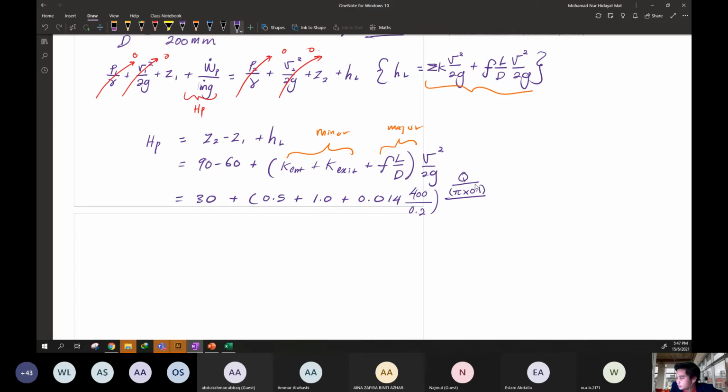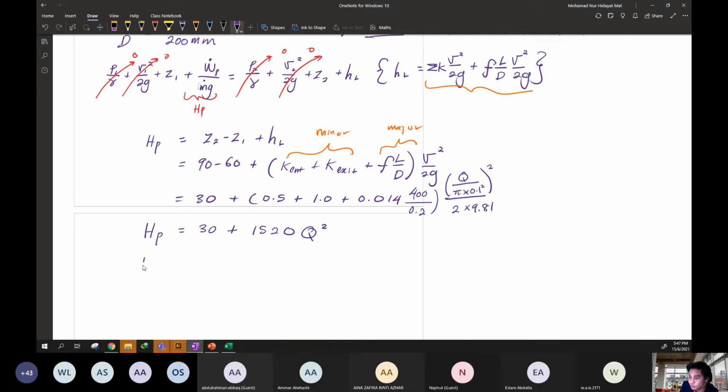Okay, sorry, this is squared, and then this is bracket squared. You can see we have the power of 2 over 2g. Okay, you solve this one, you need to form this part. So the head of the pump, it is like you form the pump characteristic curve. 30 plus 1520.